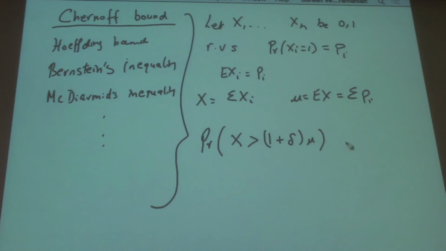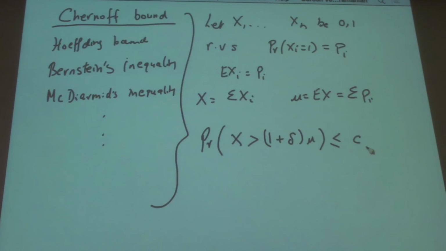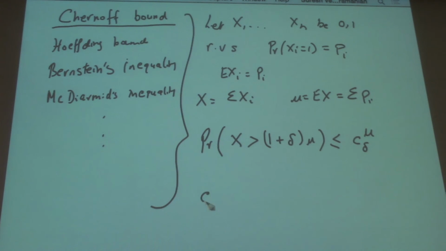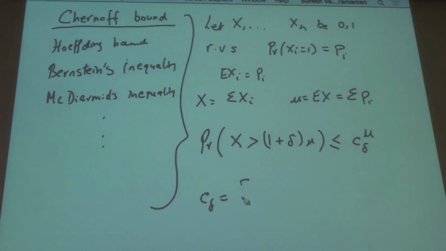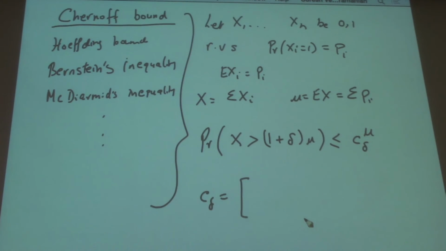This is going to be less than or equal to some constant, which I'm going to subscript with delta, to the power of mu. I never remember this expression, so I have to look at it to remember what it is. But it's just a hideously frightening expression.